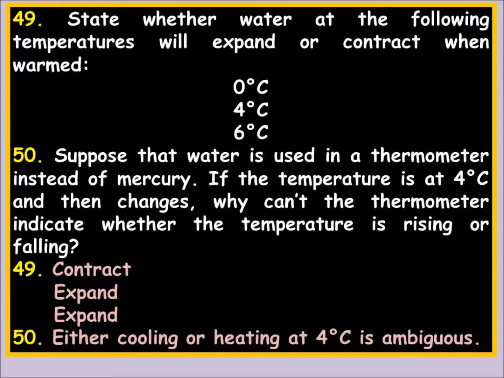Suppose that water is used in a thermometer instead of mercury. If the temperature is at 4 degrees Celsius and then changes, why can't the thermometer indicate whether the temperature is rising or falling? Either cooling or heating at 4 degrees Celsius is ambiguous, completely ambiguous.